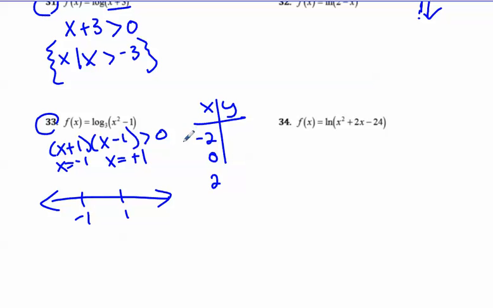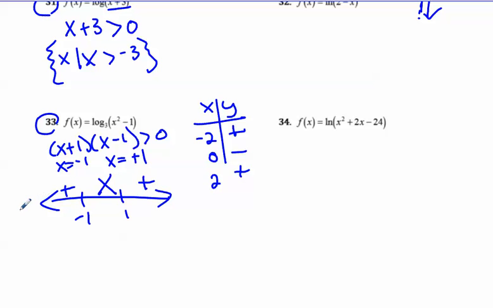You plug them into the factors. So -2 plus 1 is negative, -2 minus 1 is negative, so negative times negative is positive. For the 0, I have positive times negative, which is negative, and if I put in the 2, I get positive times positive, which is positive. So these numbers are in the domain and not these.